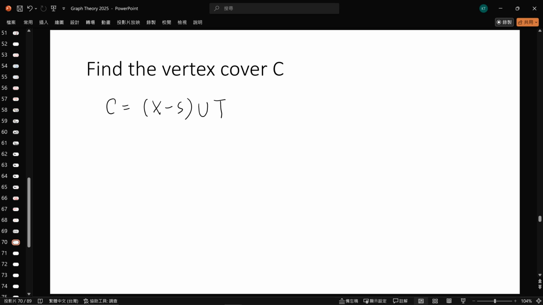So I'll just give you the construction for this vertex cover. The vertex cover will be X minus S union T. So we can draw a graph like this.